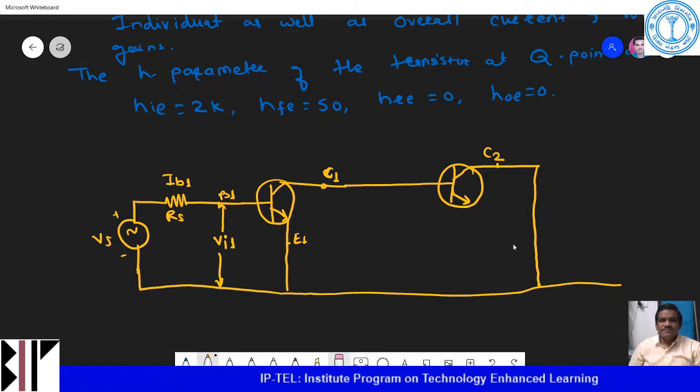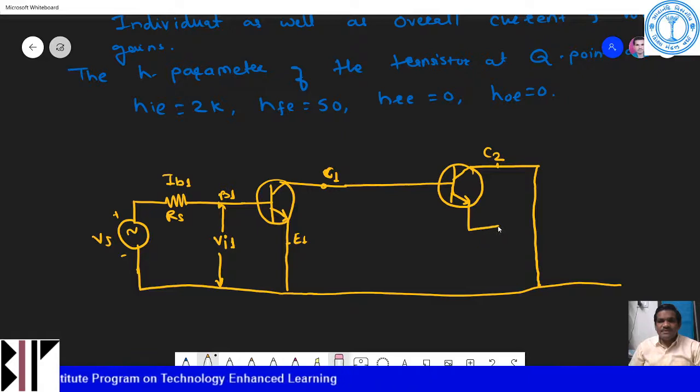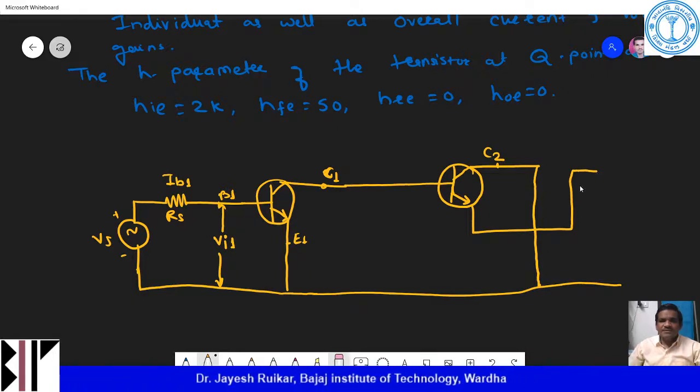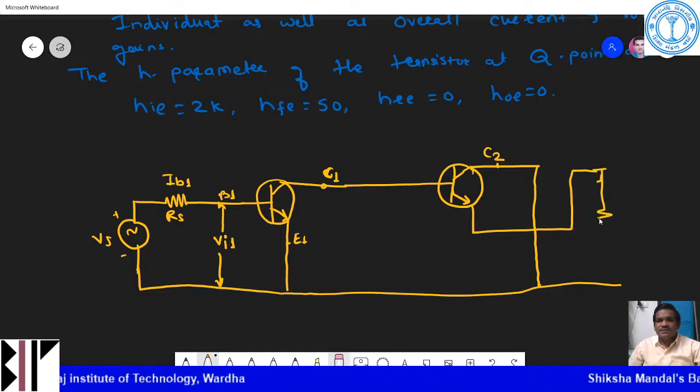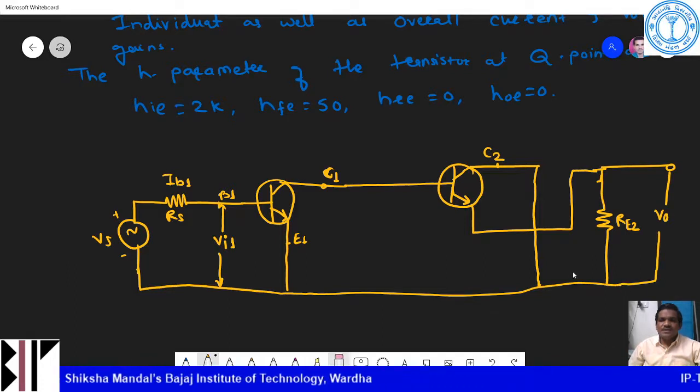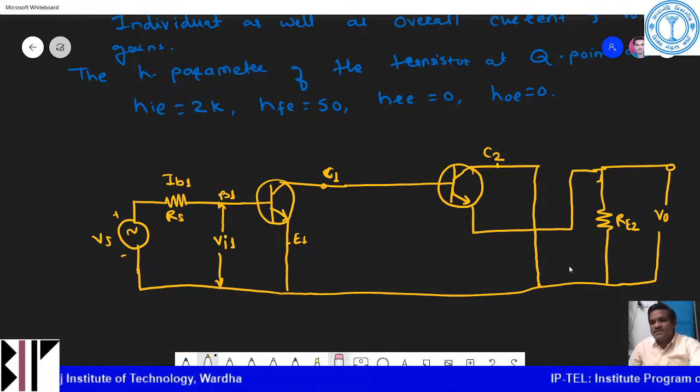That is a common collector amplifier, and from the E terminal I will add RE2 here. Here I will get the output voltage, VO.